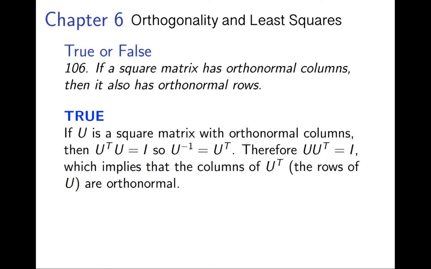So we could actually multiply U on the right by U transpose to still get the identity matrix. But U is U transpose transpose. So this tells us that the columns of U transpose are orthonormal. And the columns of U transpose are the rows of U.